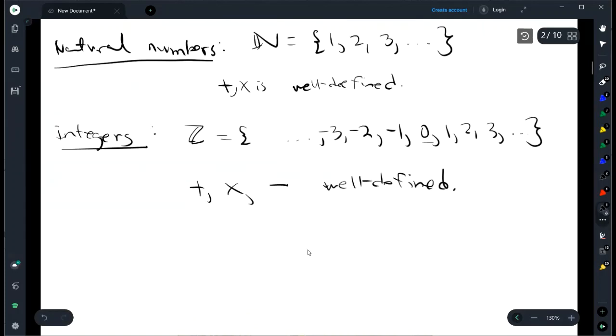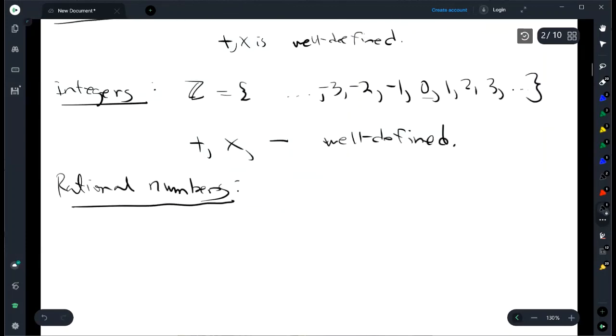Now, aside from that, we also have another operation in arithmetic, which is division. So therefore, to have a well-defined division operation, we need a larger set of numbers, and that brings us to the rational numbers.